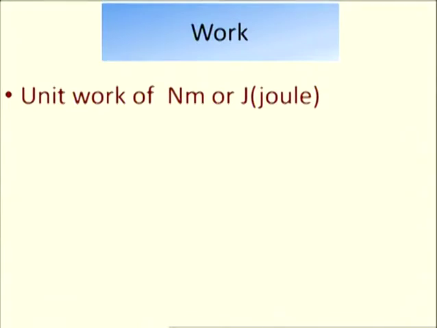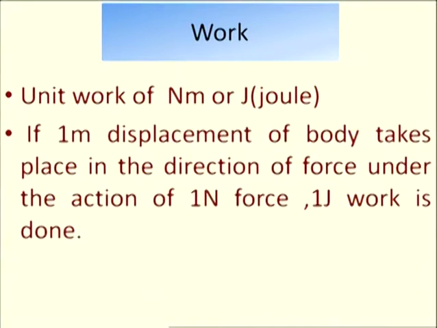The unit of work is Newton meter or joule. If 1 meter displacement of a body takes place in the direction of force under the action of 1 Newton force, 1 joule of work is done. Let us understand on a tabletop.